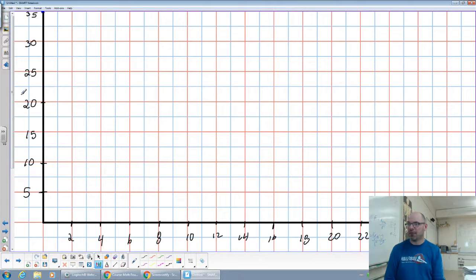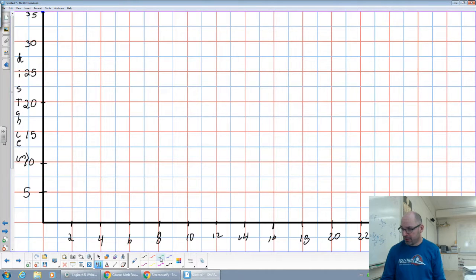Should have left a little more space. Okay, so that's going to give us our distances, and now we can plot our points on it. And of course, we should probably label this as distance in meters.